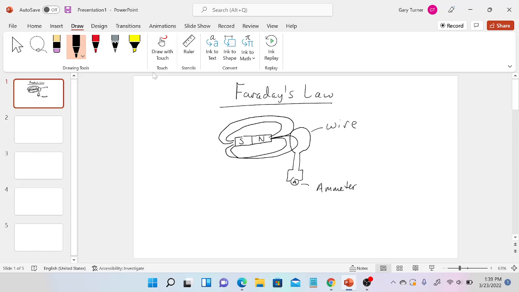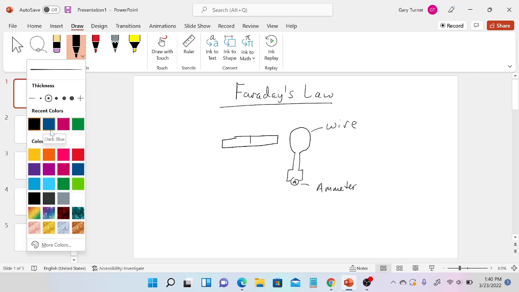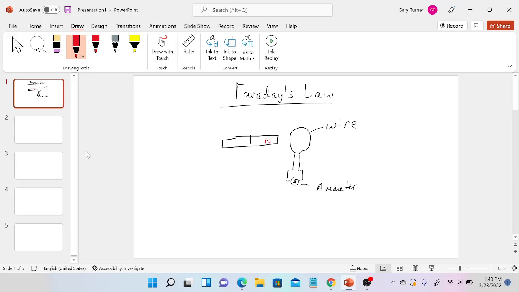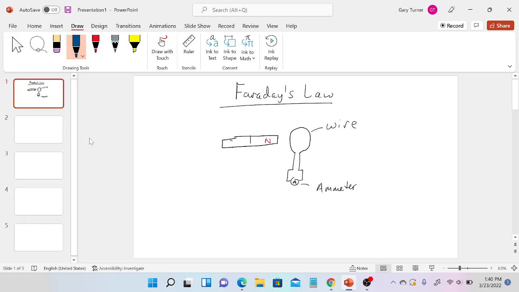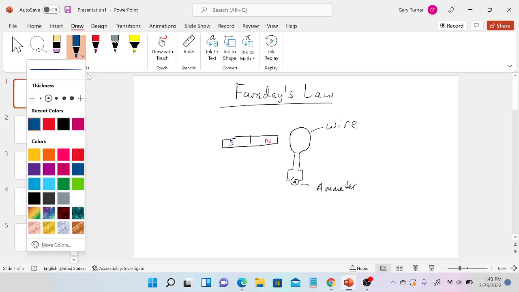Okay. My drawing is not all that great, so let's go ahead and get rid of that and redraw it. Let's say this is the North Pole and this is the South Pole.